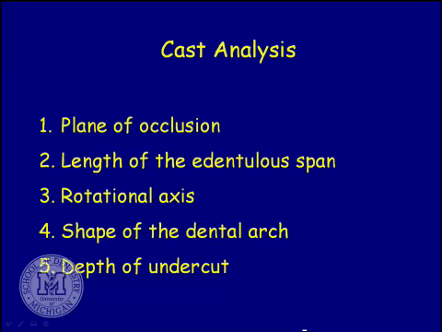So let's say the posterior lower teeth have extruded up in the air, and some unopposed upper teeth have gone down. So your plane of occlusion sort of does one of these. That's not such a good thing. How can I correct that? What if your plane of occlusion has the posterior molars extruded and tilted along with it? So when you look at your lower plane of occlusion, it seems fairly reasonable at the front, but as you get toward the back of the mouth, it really curves up in the air a lot.